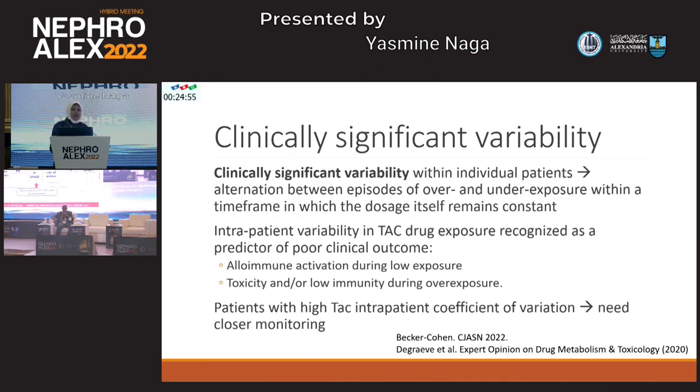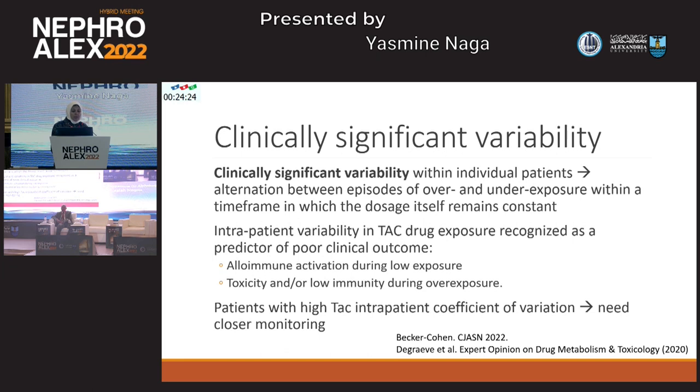Therefore, there has been a rise in the term of clinically significant variability within an individual, where there are alterations with over and under exposure at the same dose. The patient takes the same dose, and once his trough level is high and once his trough level is low. And this change between over and under exposure leads to alloimmune activation in the periods where he has low exposure, and toxicity in the periods where he has over exposure.